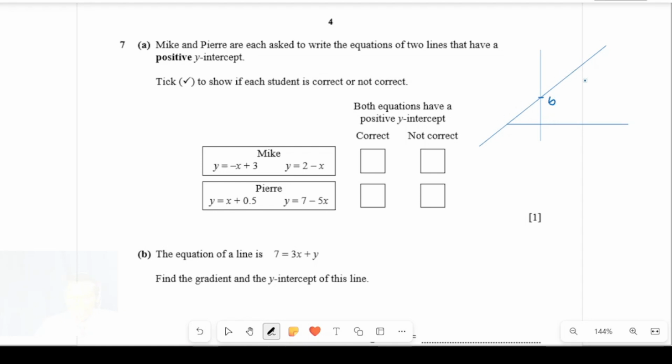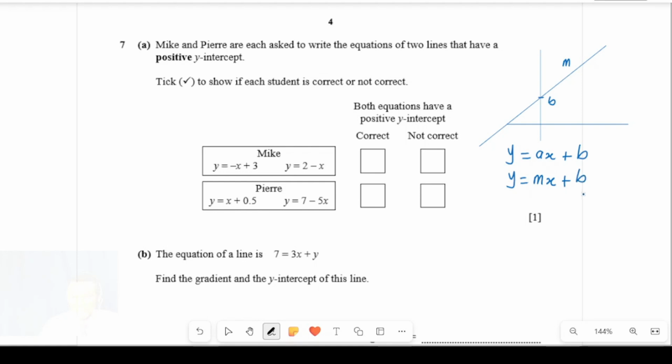The gradient of this line we can call m or a. So the line is y equals ax plus b, where b is the intercept on the y-axis and a is the gradient, or it can also be written as y equals mx plus b, where m is the gradient.